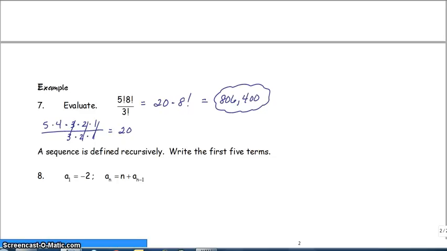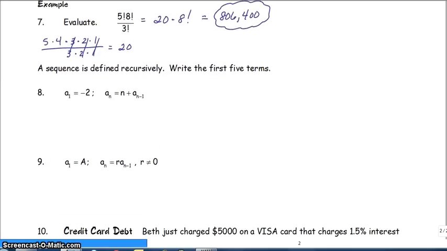Let's look at some recursively defined sequences, and we want to write the first 5 terms. And so it says, have the first term of this sequence be -2, and then every term after that take the n value and add the term before it. So that would lead us to this. A sub 1 is -2. A sub 2, so n being 2 here, would be 2 plus a sub 1, which is negative 2. So we would have 0.